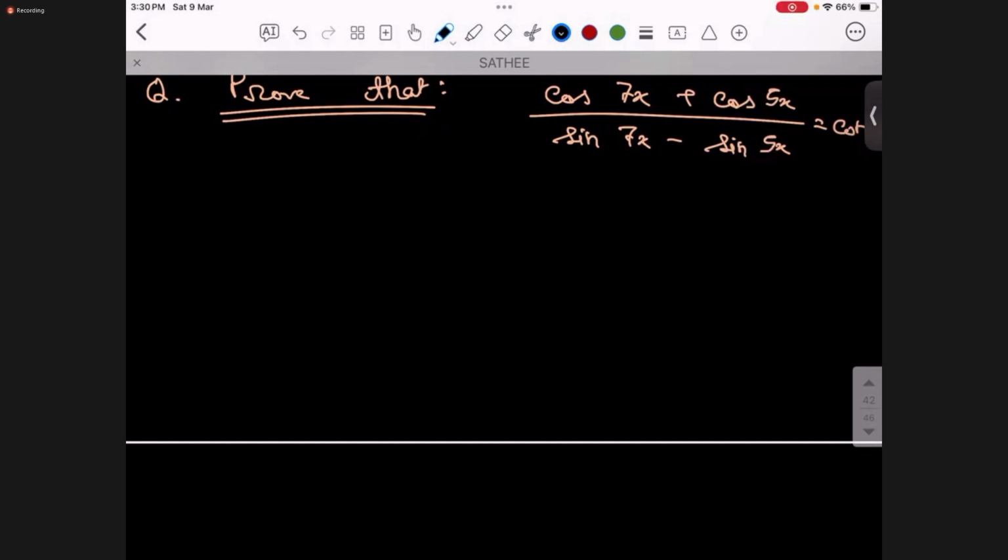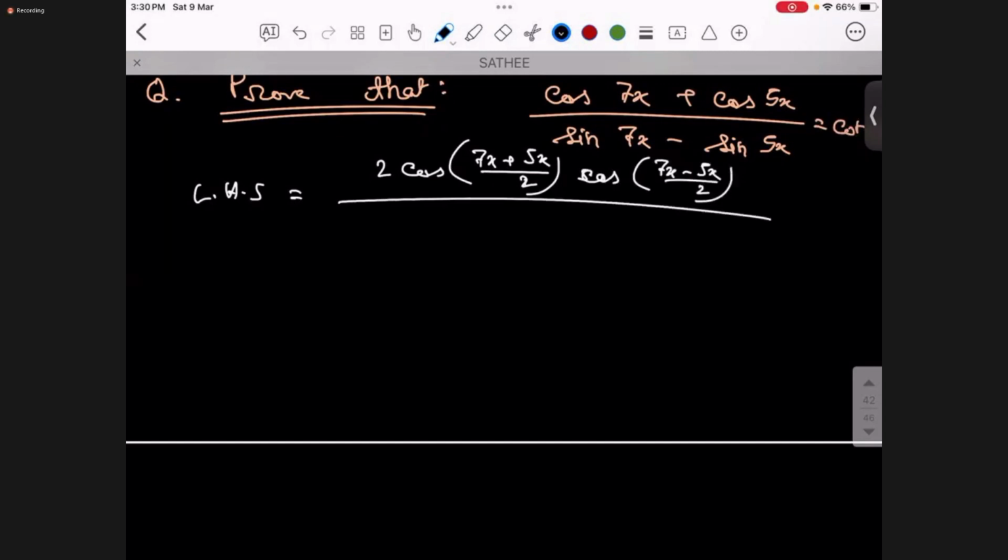So from the left hand side, what will we obtain? The formula will be 2 cos ((7x plus 5x) by 2) cos ((7x minus 5x) by 2). And what will be the denominator part?